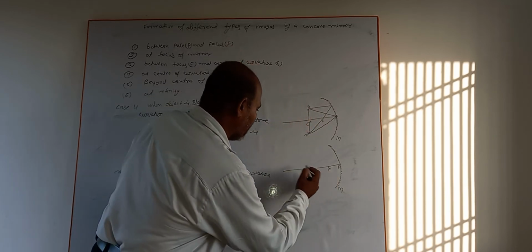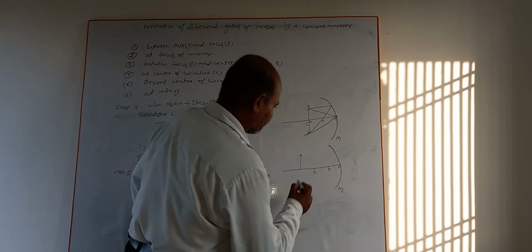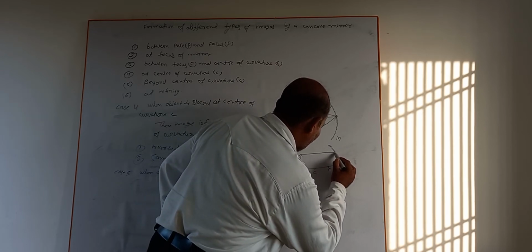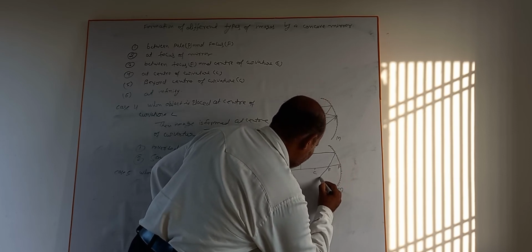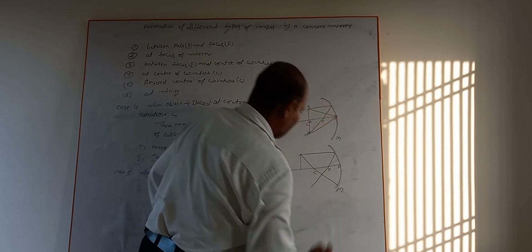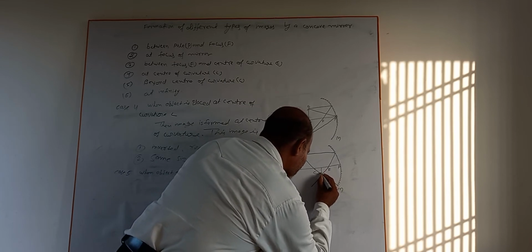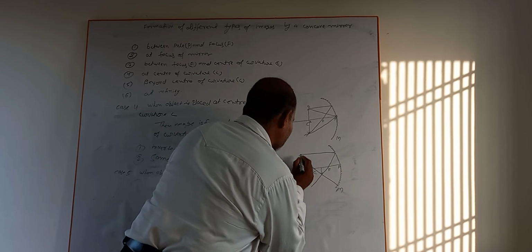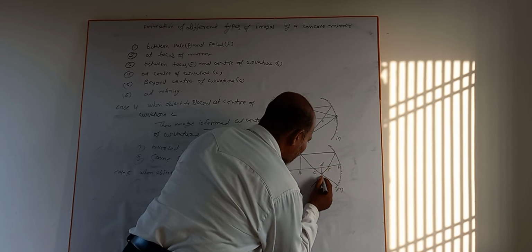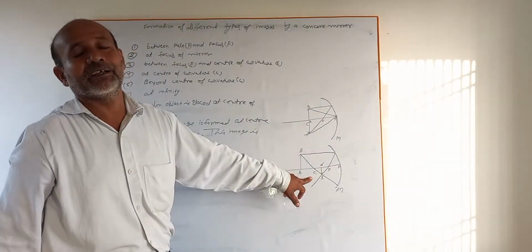An object is placed beyond the center of curvature. In this case, the image will form between focus and center of curvature. Here you are observing that AB is an object whose image is formed at A dash B dash, which is between focus and center of curvature.